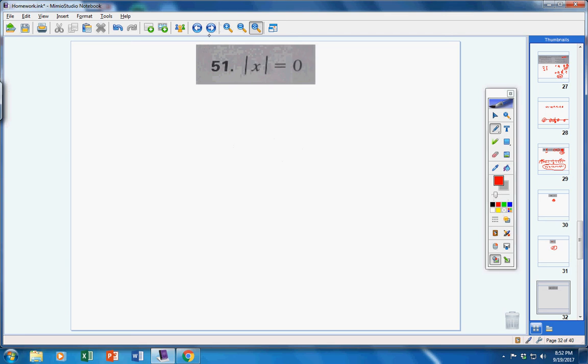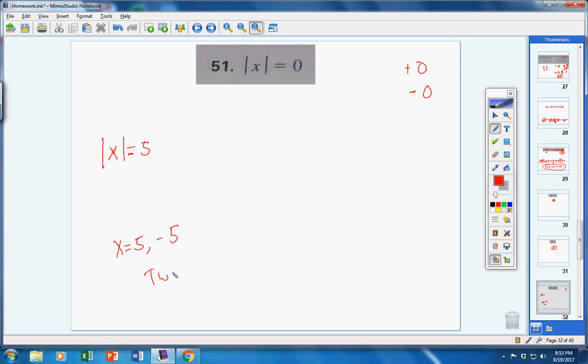The directions say to solve. Okay? So, well, think about it, guys. There's really no such thing as a positive 0 or a negative 0. For example, if this was the equation right here, then my answer would be 5 and negative 5.